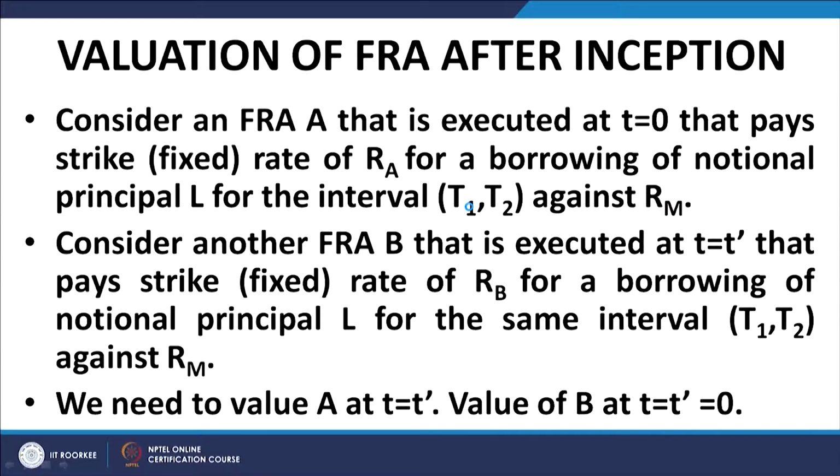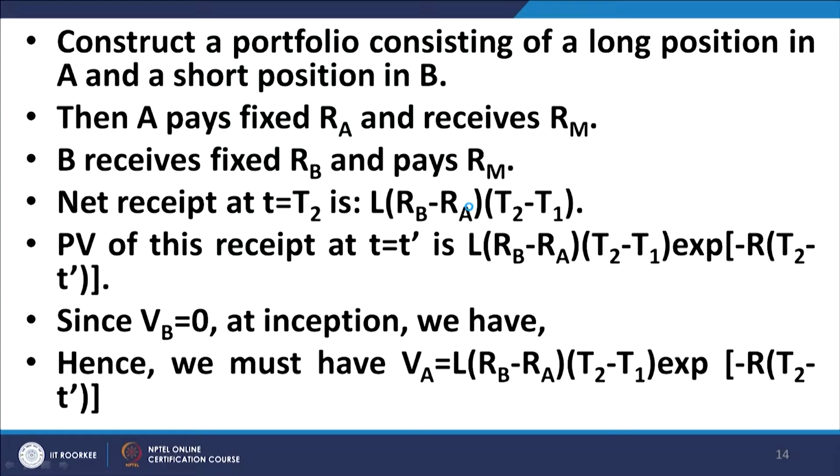We need to value FRA A at t equal to t dash. Obviously, there are two things: FRA A's value at t equal to 0 is 0, and similarly FRA B's value at t equal to t dash is also equal to 0. What we do is we construct a portfolio consisting of a long position in FRA A and a short position in FRA B. Then A pays fixed RA and receives RM.